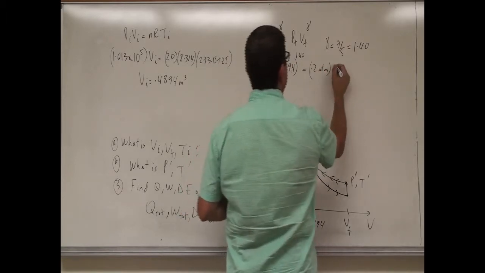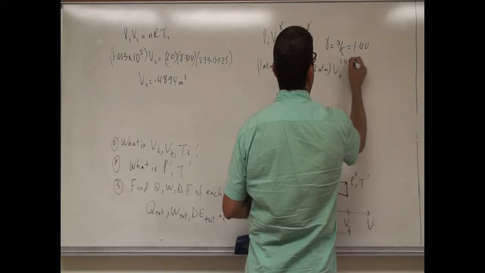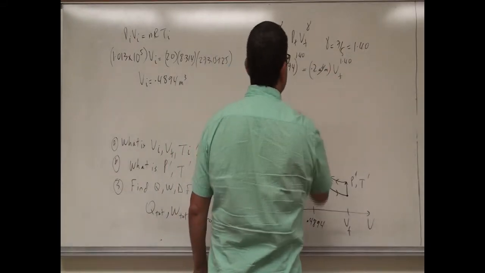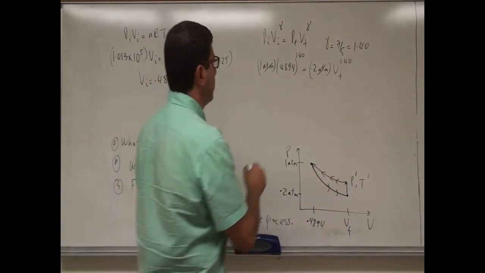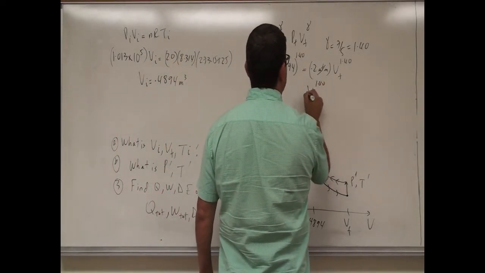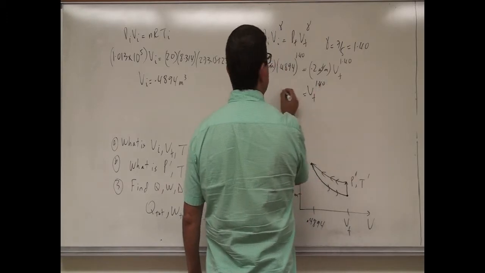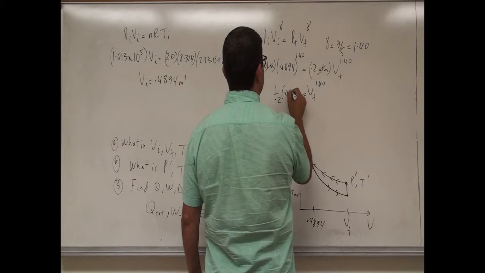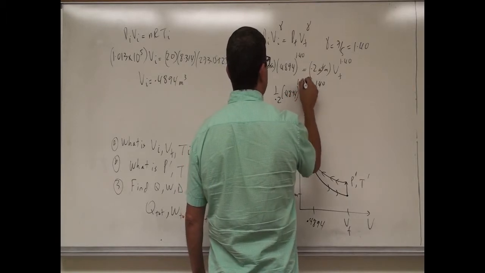The final volume we don't know, raised to the power of 1.40. So then the atmospheres cancel, and we have V final to the 1.40 equals 1 over 0.2 times 0.4894 to the power 1.40.